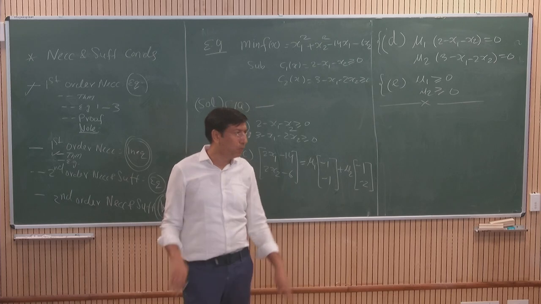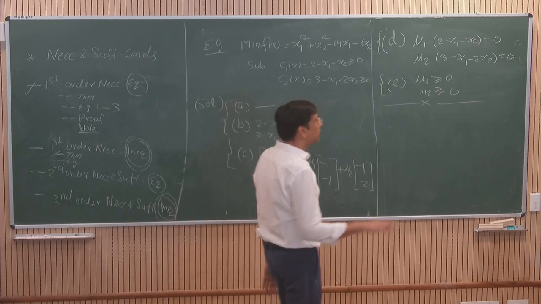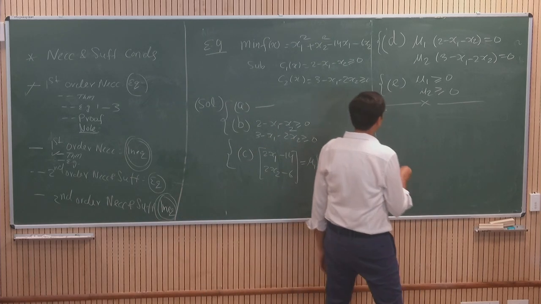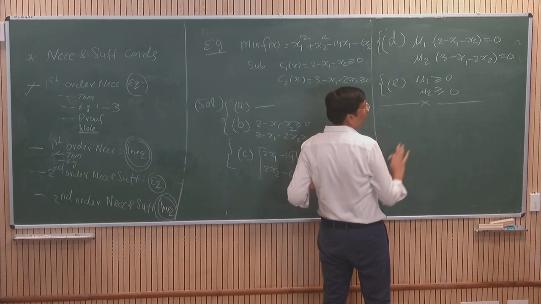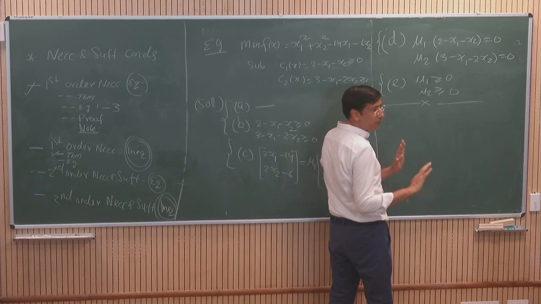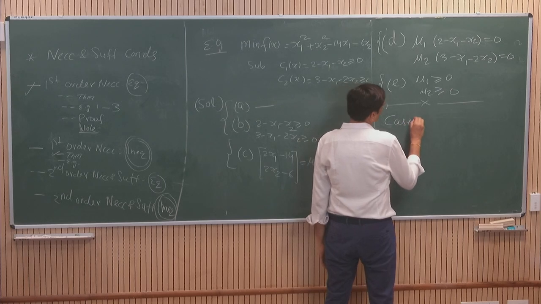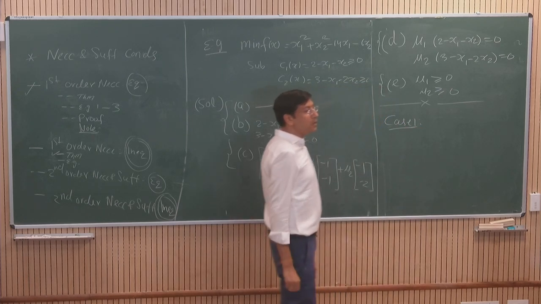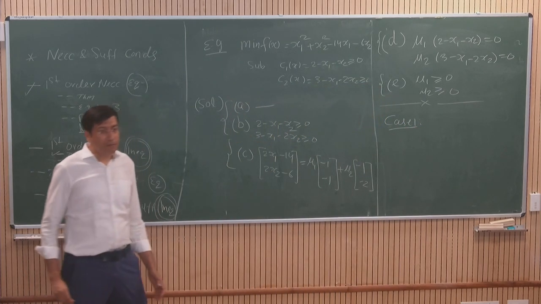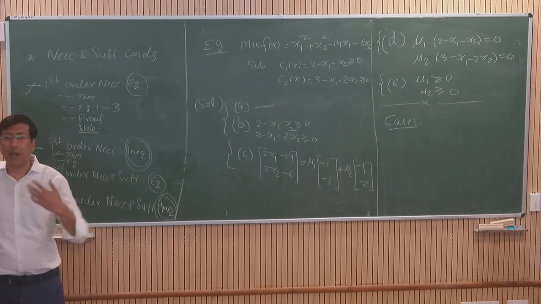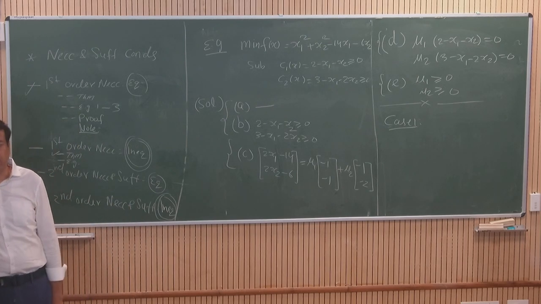You can try it at home. I usually do it in class, but we have less time, so I'm skipping that part. You can convince yourself that when you do all the substitution, it will become hairy. So the easier way is to make cases. The cases go by defining whether the inequality constraint is active or inactive at a certain point.